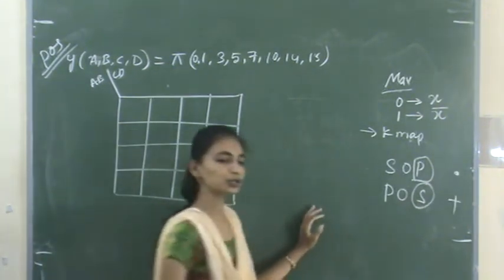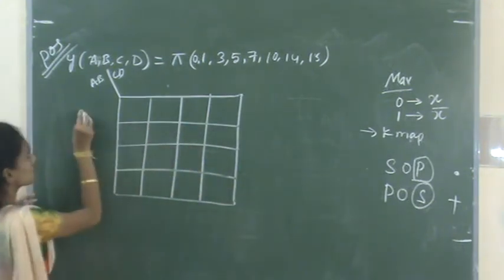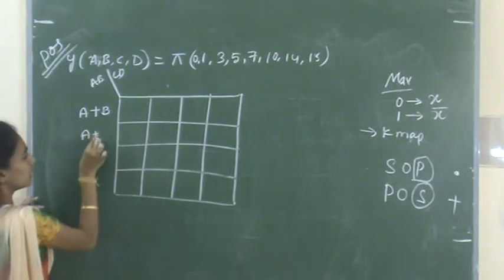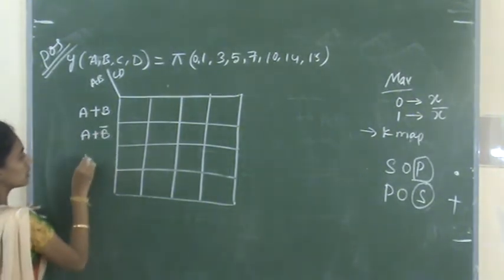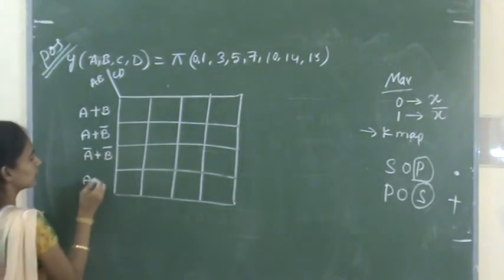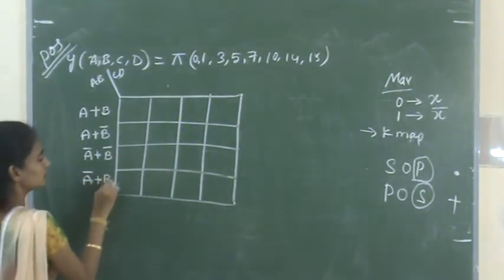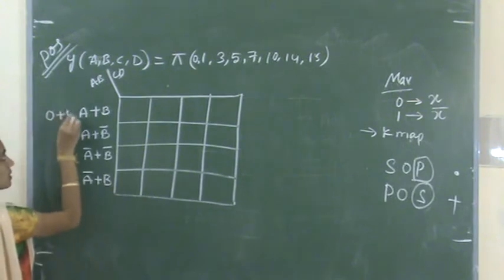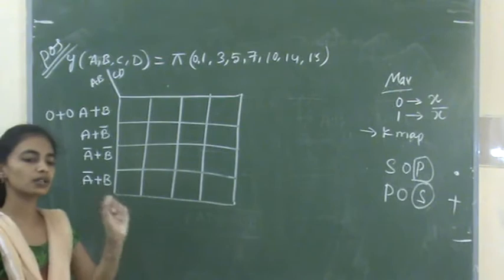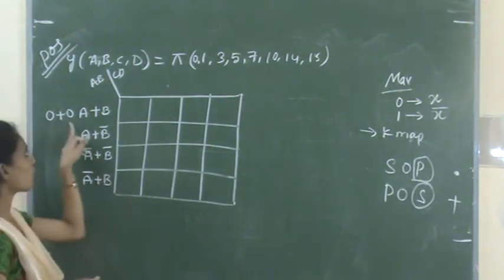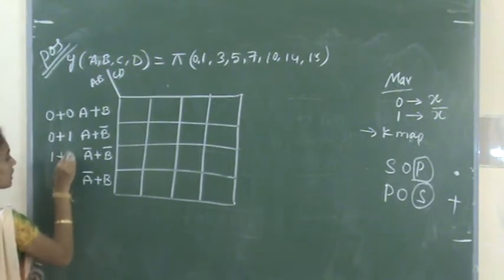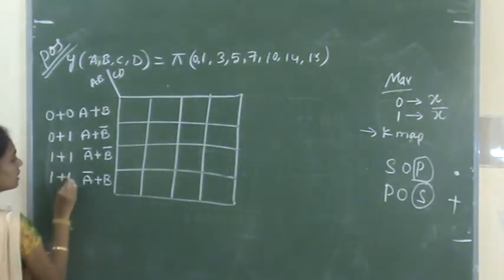Here you have to use the OR operation, means A plus B, A plus B bar, A bar plus B bar, A bar plus B, means 0 plus 0, 0 plus 1, 1 plus 1 and 1 plus 0.